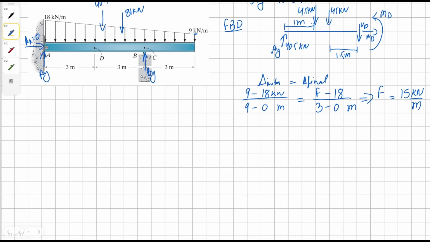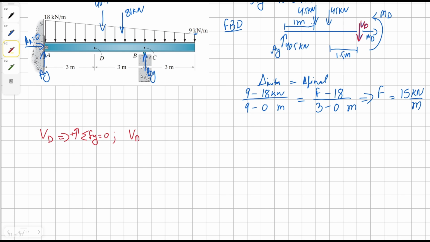Alright, now that we have this done, we can start solving for our shear at D. So our shear is going to be simply the sum of the forces in y direction, or we can say the vertical equilibrium equation.